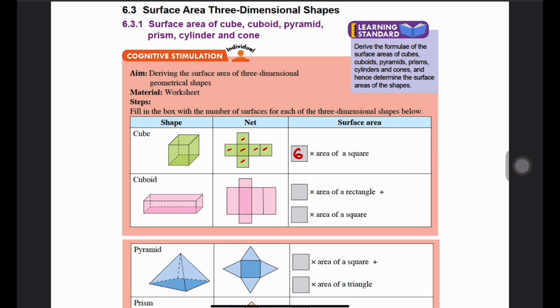Kerana ada 6 bentuk muka permukaan yang berbentuk segi empat sama. So kita tahu kita kena cari area of square. Lepas tu kita kena darabkan dengan 6. We need to find the area of a square, and then we times it by 6 because there are 6 surfaces in the shape of a square.